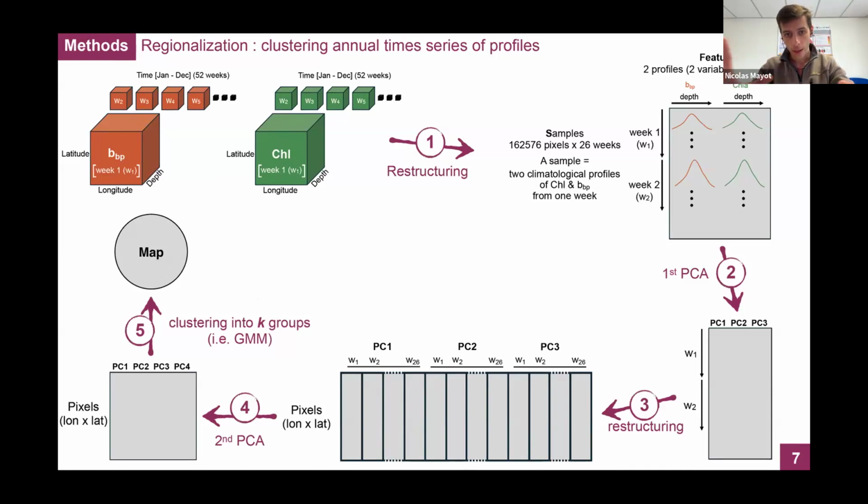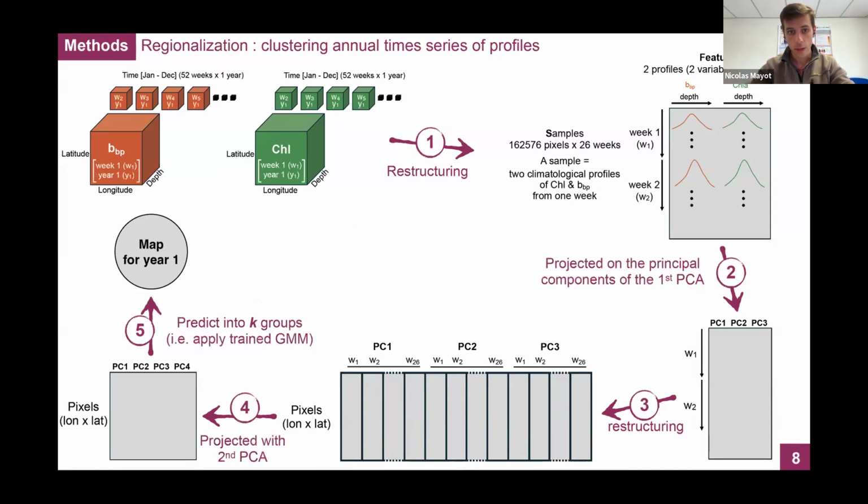So I've done this in terms of climatology, but I have also done it for each year. This time, I'm not doing any averaging, but just extracting the information for each year. And instead of redoing the full process, I'm just projecting this information for 1 year into the principal component analysis that I have done before, and applying the trained clustering method that I've used before to produce a map for each year.